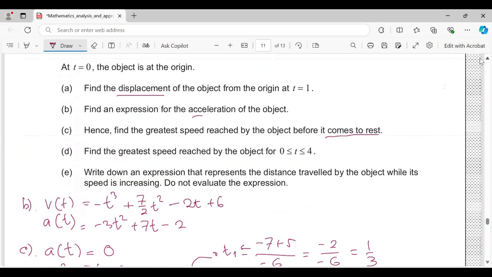D, find the greatest speed reached by the object for this interval. The minimum is 0 and the maximum is 4. For the greatest speed, it means t equals 4.